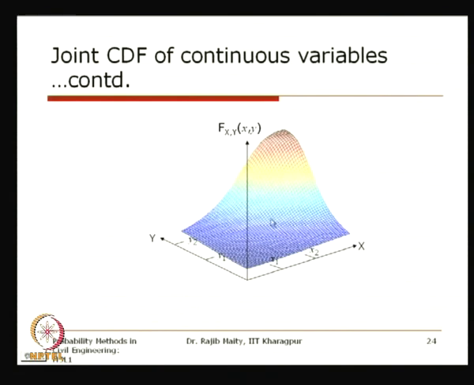As I told you a few minutes back, if x2 is greater than x1 and y2 is greater than y1, then the cumulative distribution function will be larger at x2, y2 than at x1, y1, which is reflected in this surface. And you know that the entire integration equals 1, so this surface will start from 0 and end at 1.